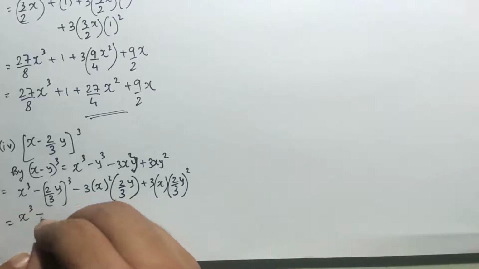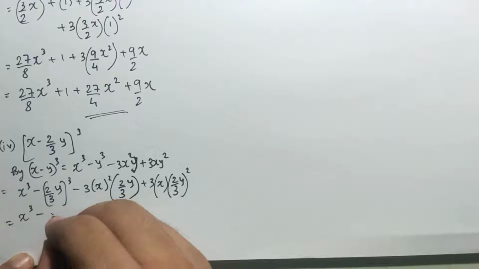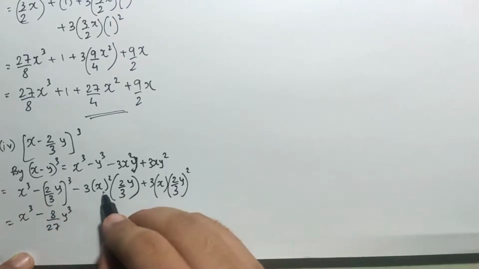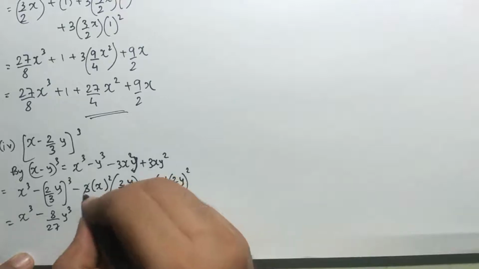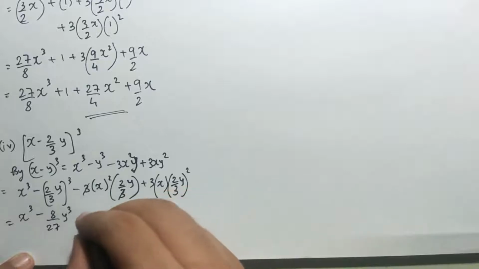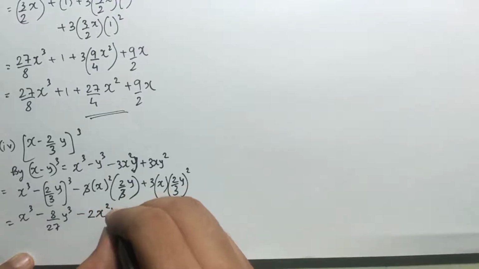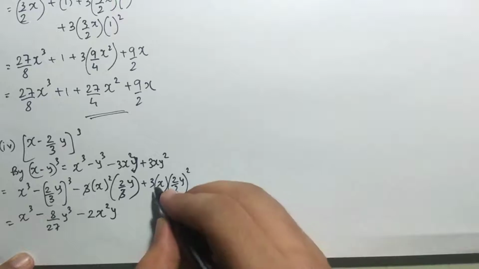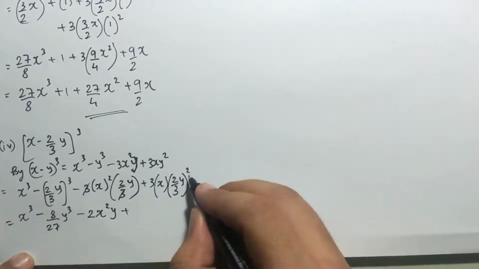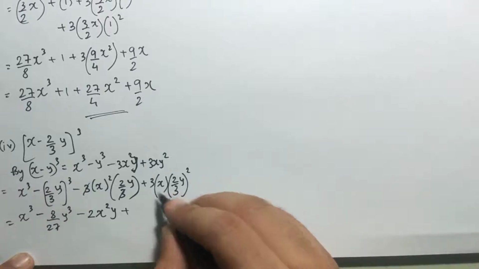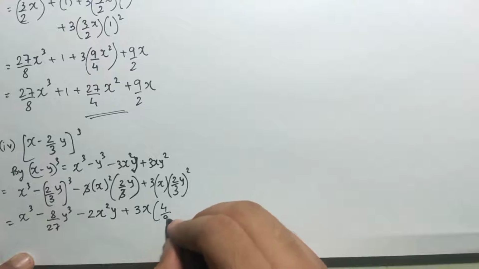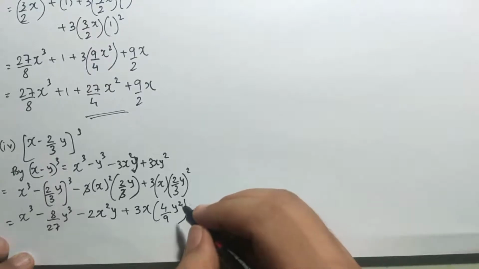So this will be x cube minus the cube of 2 by 3, which is 8 upon 27y cube. Then 3x square into 2 by 3y: this 3 and this 3 will get cancelled out. It will be x square into 2y, so I can write minus 2x square y. Don't cancel 3 and 3 over here in the next term, because this 3 is in the bracket which is getting squared. So 3x and square will be 4 by 9y square.